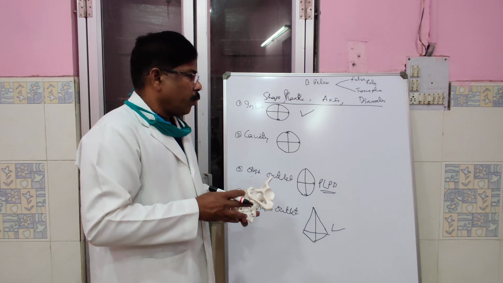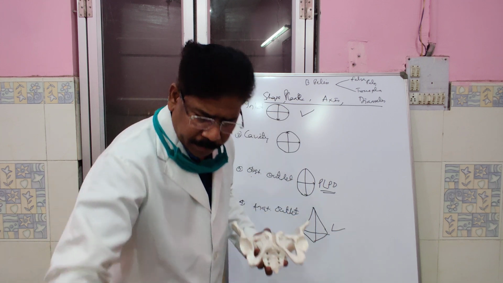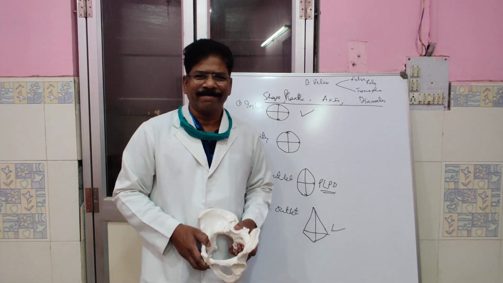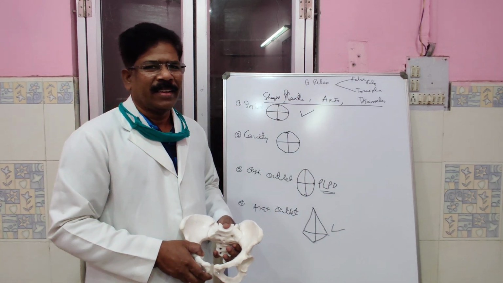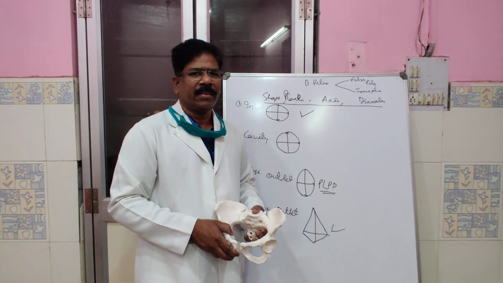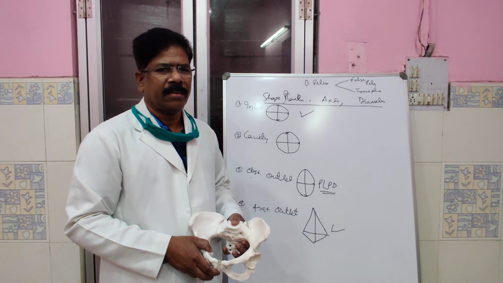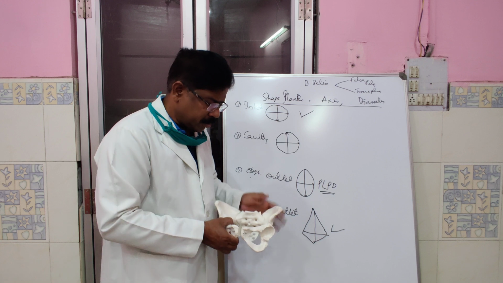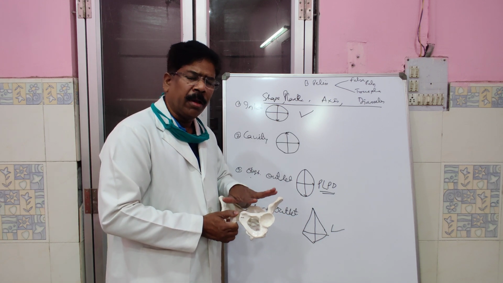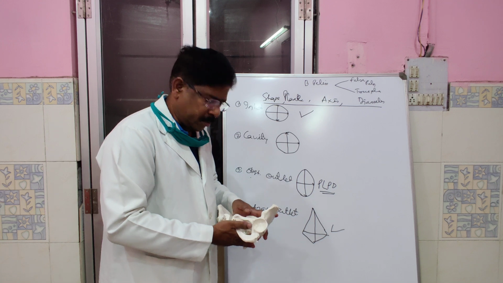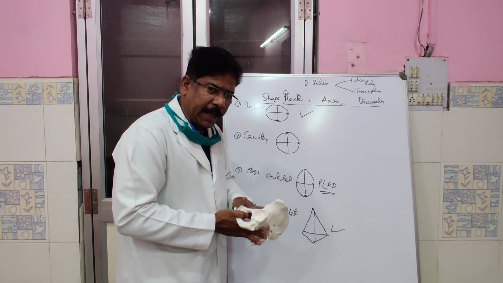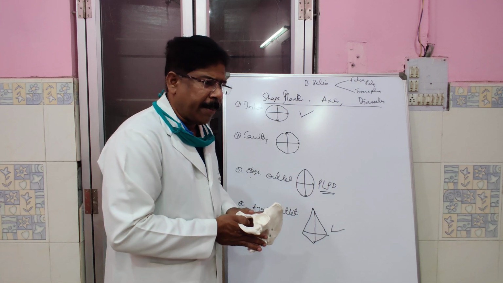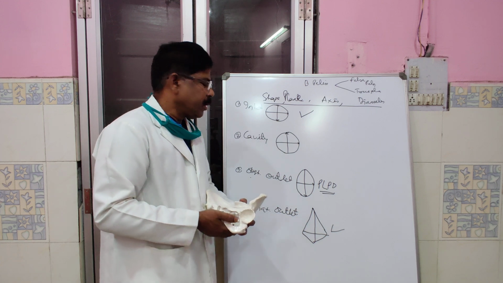That means we must understand where the plane of the cavity is. So between the inlet and the plane of least pelvic dimension, there is another plane known as the plane of the cavity.